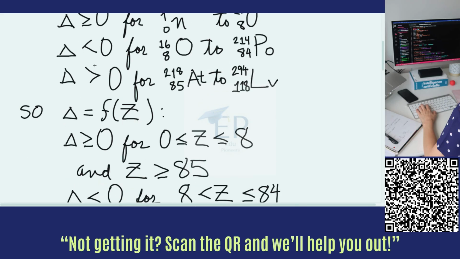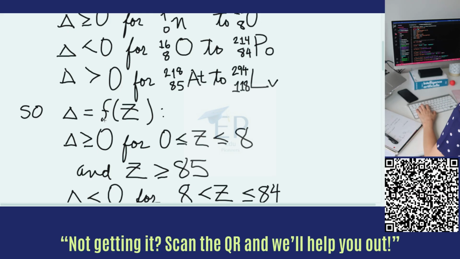And it's going to be positive again from astatine 218 onward, to 294. These are elements that can only exist in the laboratory.